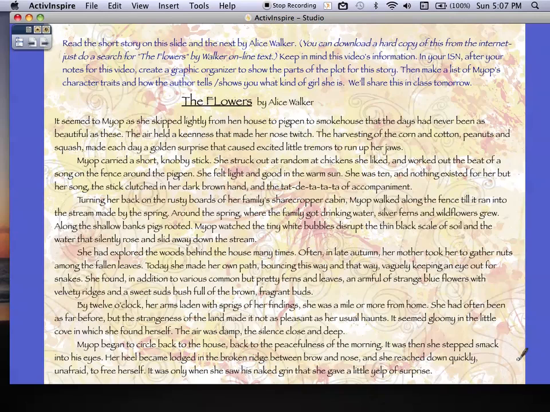Myop began to circle back to the house, back to the peacefulness of the morning, and it was then she stepped smack into his eyes. Her heel became lodged in the broken ridge between the brow and the nose, and she reached down quickly, unafraid to free herself. It was only when she saw his naked grin that she gave a little yelp of surprise.